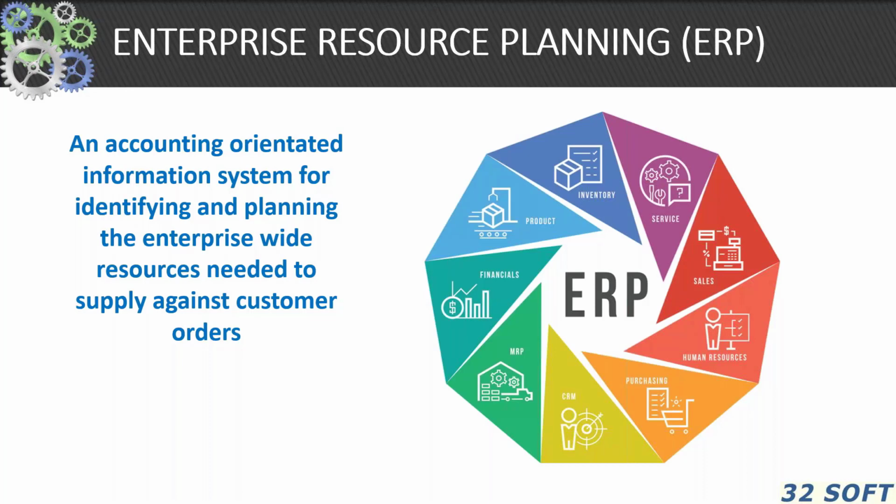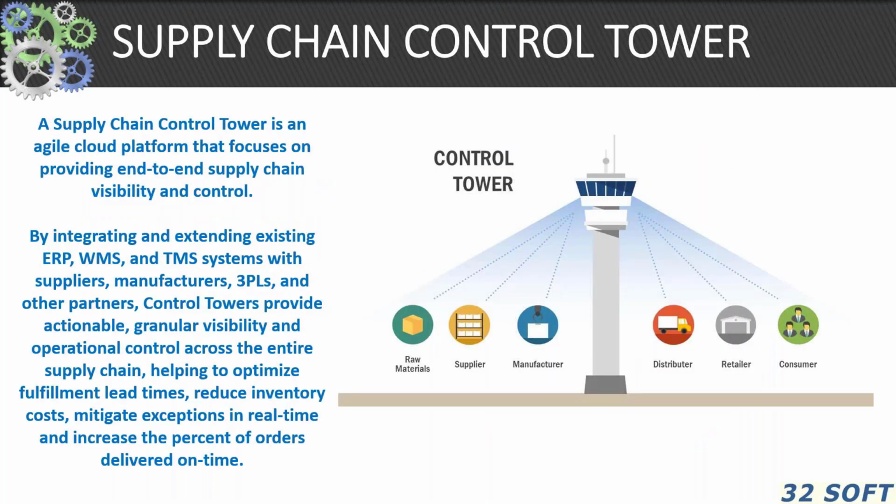The next generation of supply chain applications is being referred to as the supply chain control tower. These are agile cloud-based platforms where the focus is on providing end-to-end supply chain visibility.